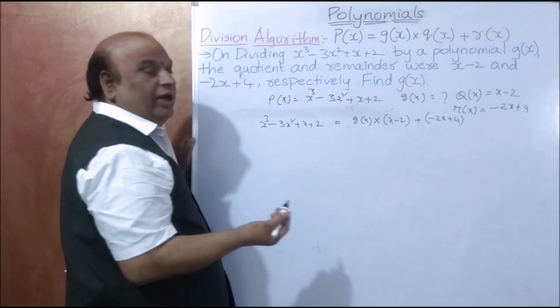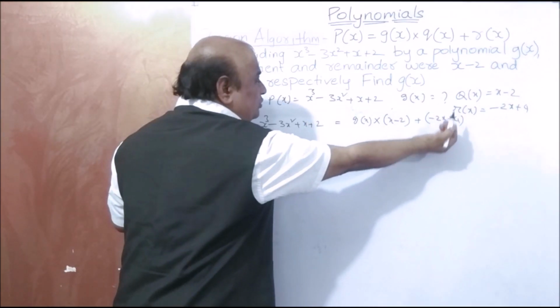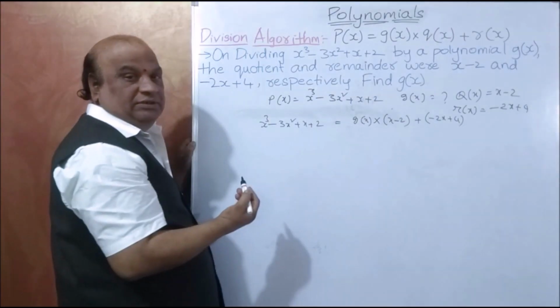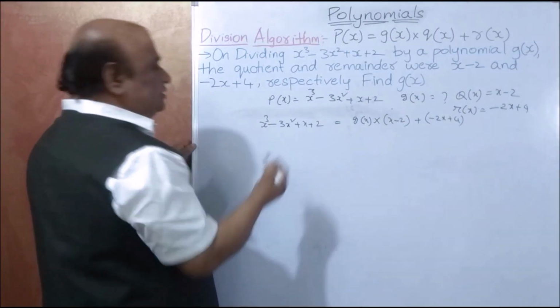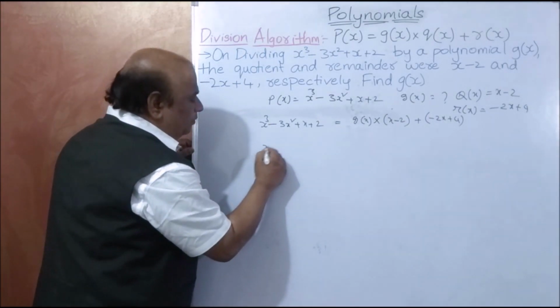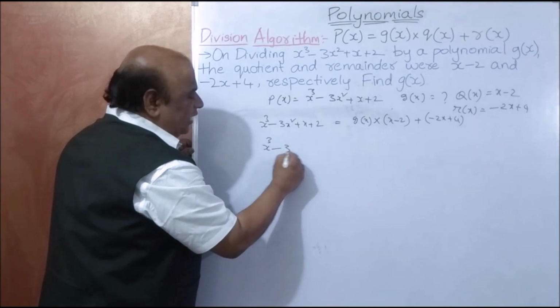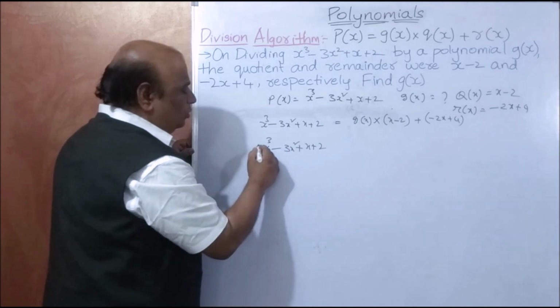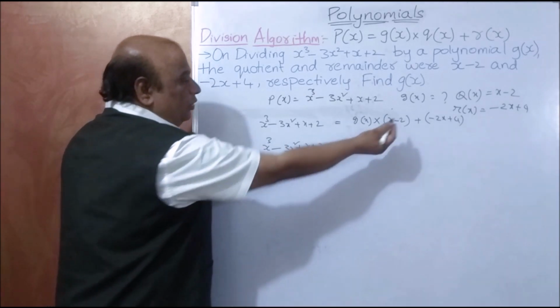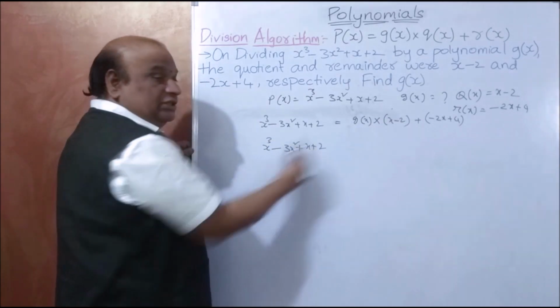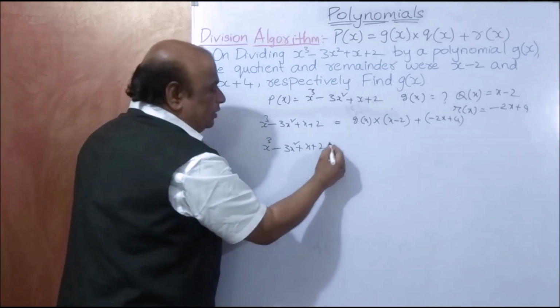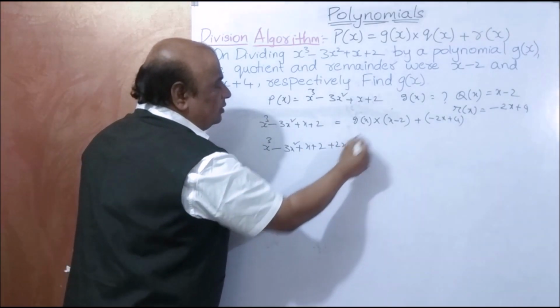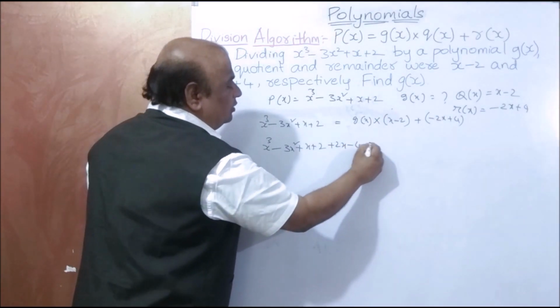Now how to simplify? Take minus 2x plus 4 to this side first. Here this is x cube minus 3x square plus x plus 2. You take minus 2x plus 4 this side. It becomes plus 2x minus 4.